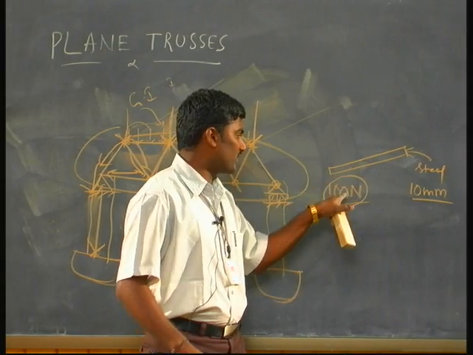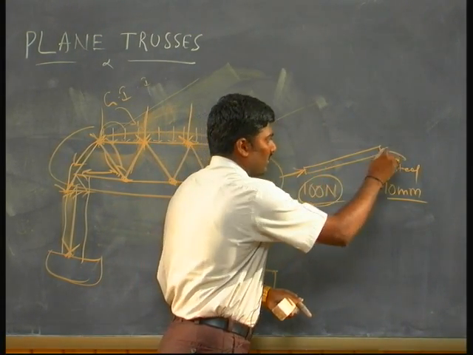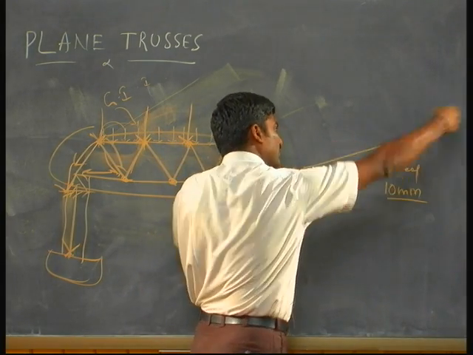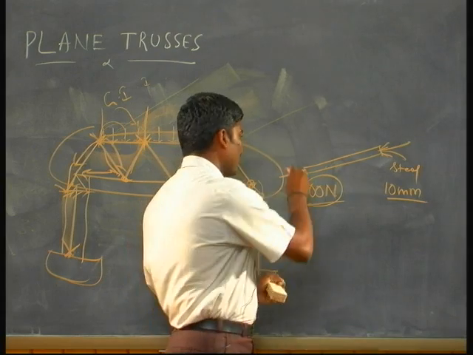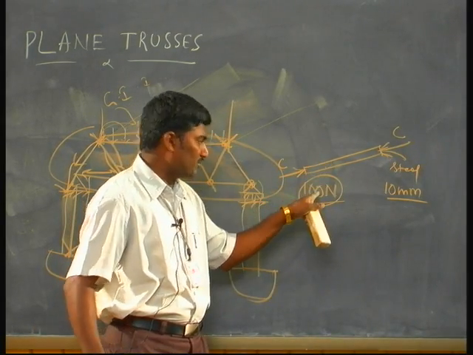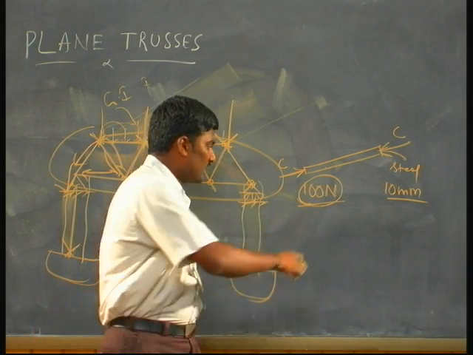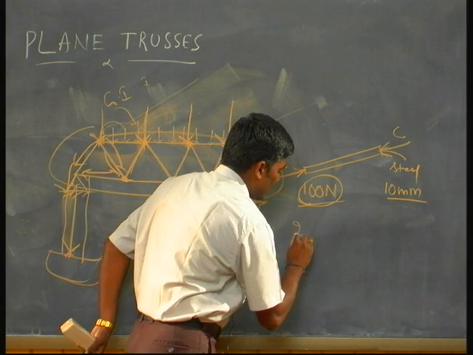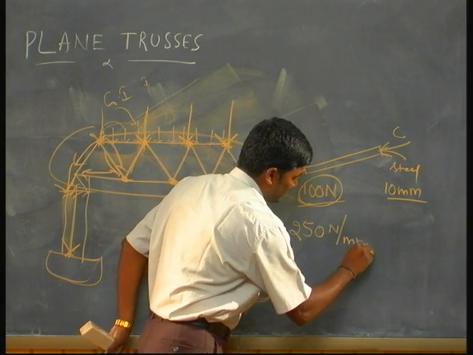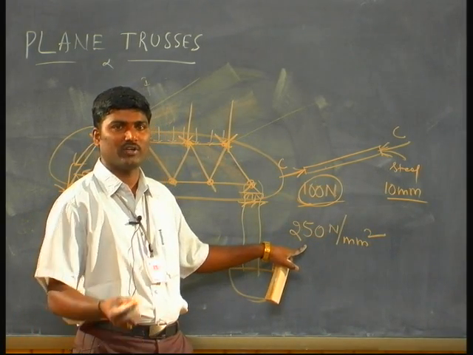So if there is a 100 Newton force, I said the truss member can be in tension or in compression. This will be compression, this will be tension, okay. So let us say this is the compression developed in the member, 100 newtons. Say the steel material can handle 250 Newton per mm square, this is the value for steel.